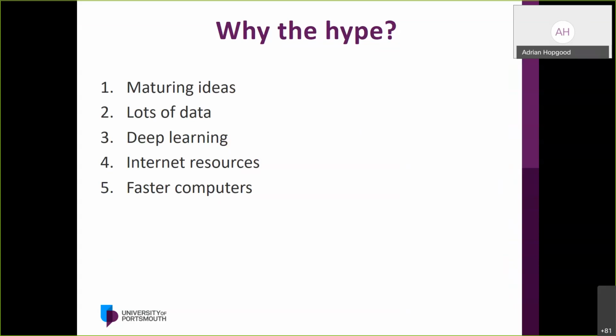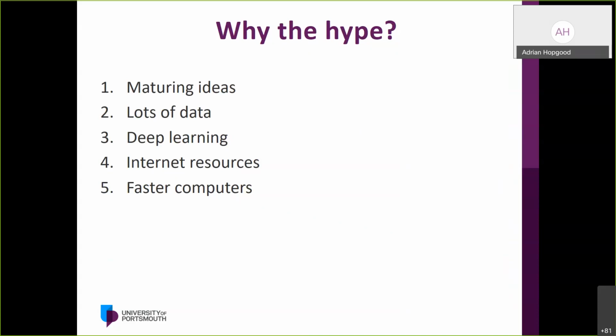I think there's the fact we're sitting on lots of data, loads of data, so that's a big opportunity to build systems which can exploit those data and find patterns within those data. Which leads on to the third point, which is deep learning. So there have been some significant strides in recent years in developing algorithms that can actually make sense of those large quantities of data. I think fourthly, there's the internet resources.